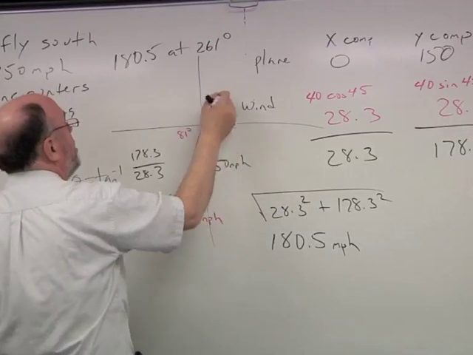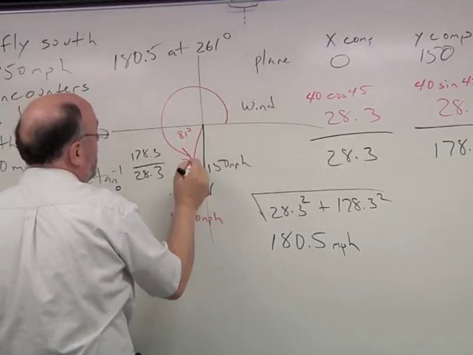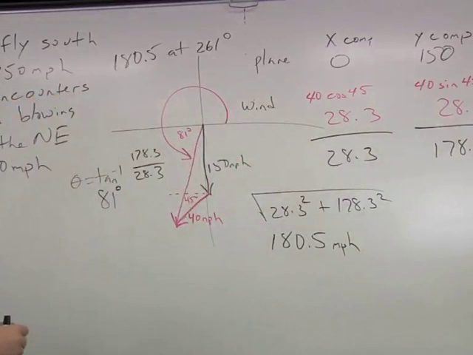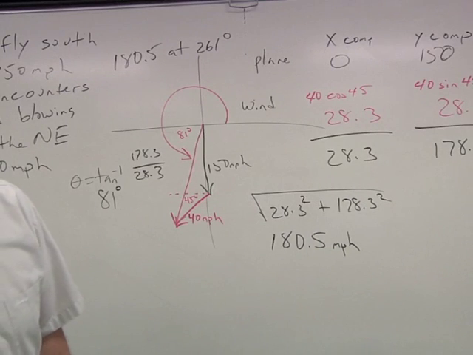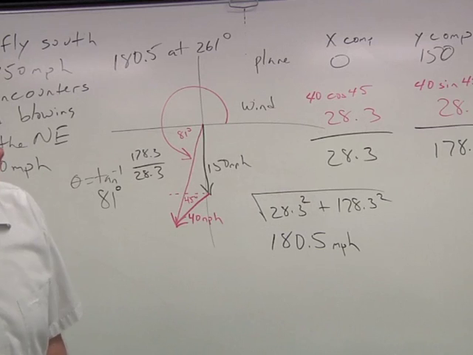So from here to there is 261. In terms of vectors, they have a magnitude and a direction. We can add them, subtract them, multiply them together, and in terms of this one, we can find out where the plane is heading.